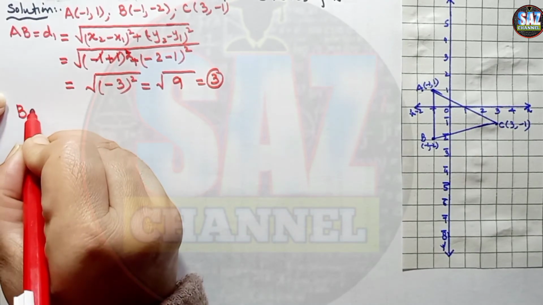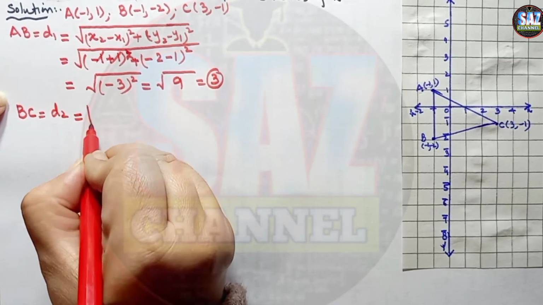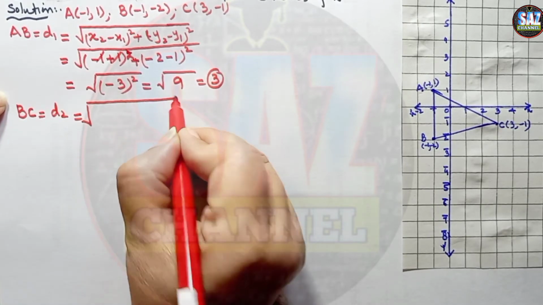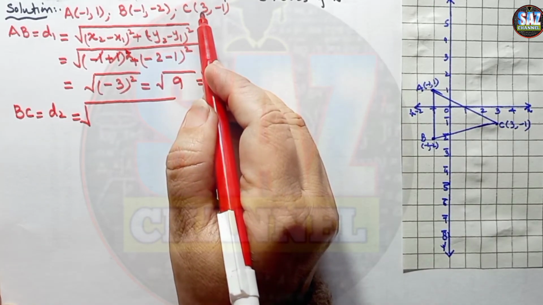Coming to BC distance, BC equals D2, and again I have to apply distance formula on the coordinates B and C. Here I'm not going to use a formula, I will be going direct.